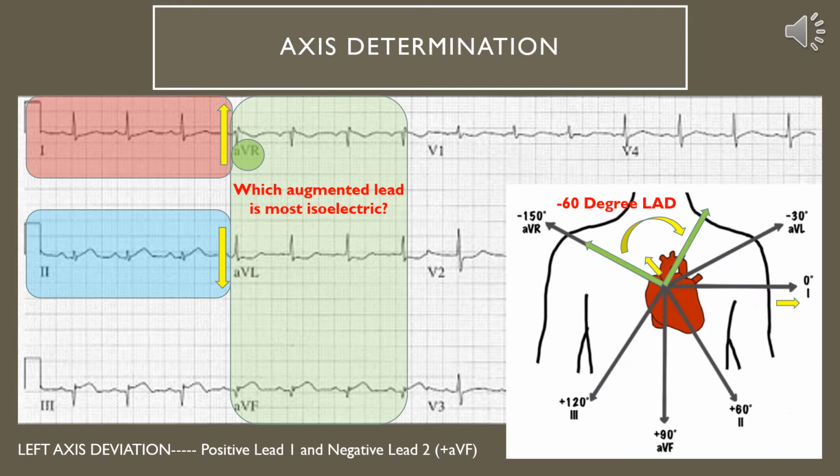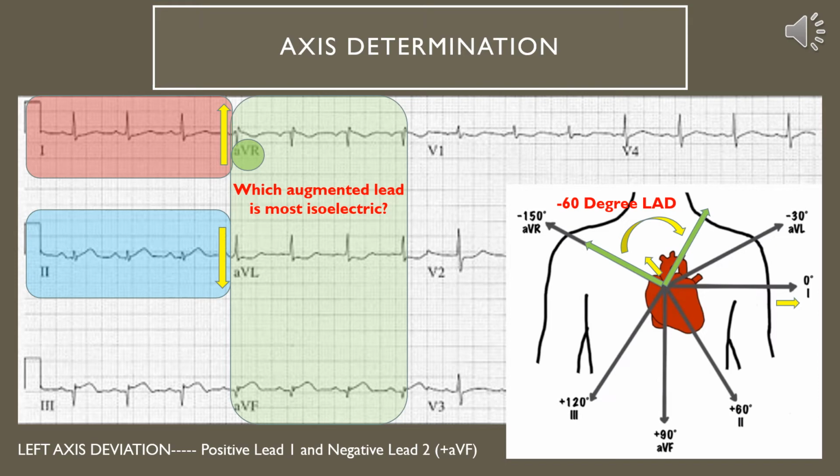So going to our picture from before, if we say that AVR is our isoelectric lead with this left axis deviation, we're going to put that as our main isoelectric lead. We're going to go 90 degrees over to the right to determine what degree of left axis deviation we're dealing with.